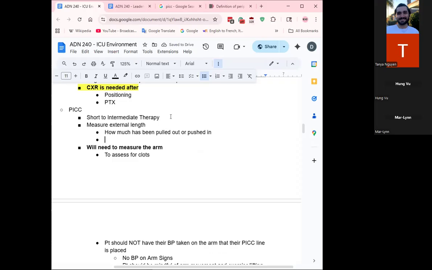If the catheter has been pushed out or pulled out, are you allowed to push it in? No. If the catheter has been pushed in, are you allowed to pull it out? Yes. So pull out game strong. That's how I remember it. We can keep that in mind for what we're allowed to do and what we're not allowed to do.